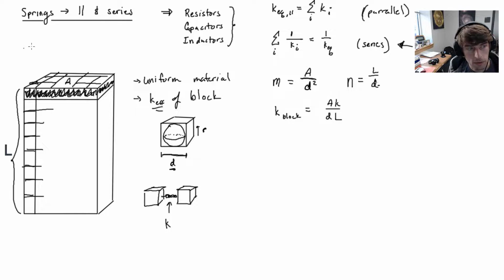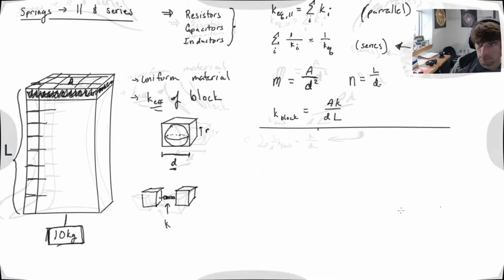I'm relating physical distances that I can measure with a ruler, the area, the length, maybe even the overall spring constant of the block, to microscopic properties, the interatomic spring constant and the distance between the atoms, which is a really cool thing. In fact, if I scoot stuff over, I get L over A times K block equals the interatomic spring constant divided by D. So if I could measure these three things, then I have an idea about the ratio.